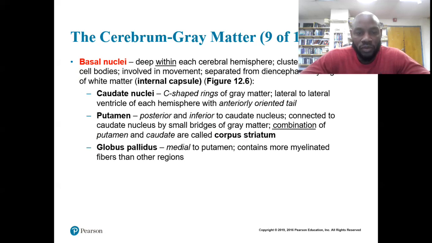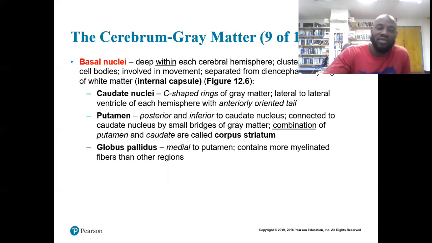And then you have the putamen, posterior and inferior to the caudate nucleus, connected to the caudate nucleus by small bridges. And then we have the globus pallidus, which contains more myelinated fibers than other regions, okay?